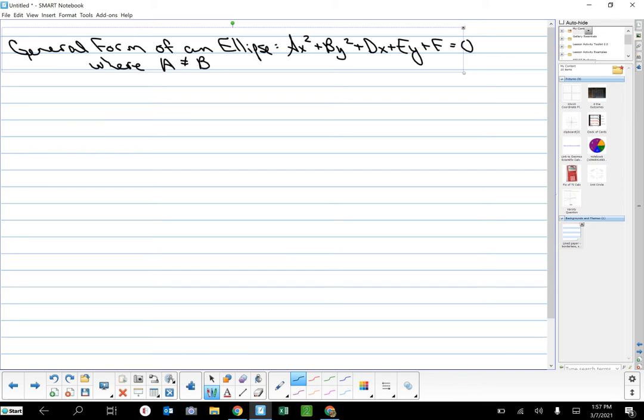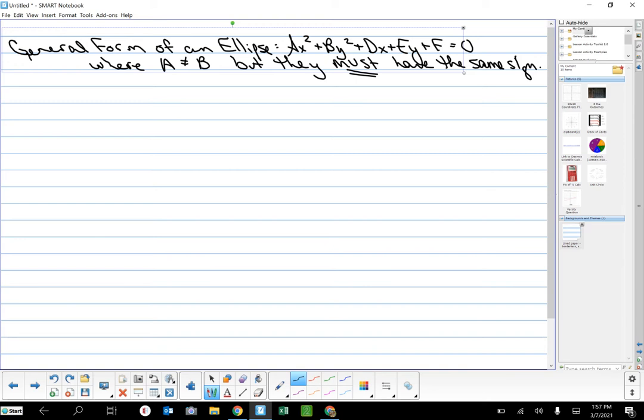No, they can't. Where A does not equal B, but they must have the same sign, meaning they're both positive or both negative. So that will not necessarily be the case when we do a hyperbola.